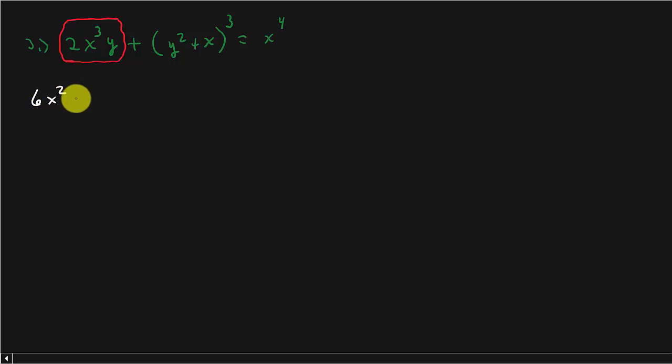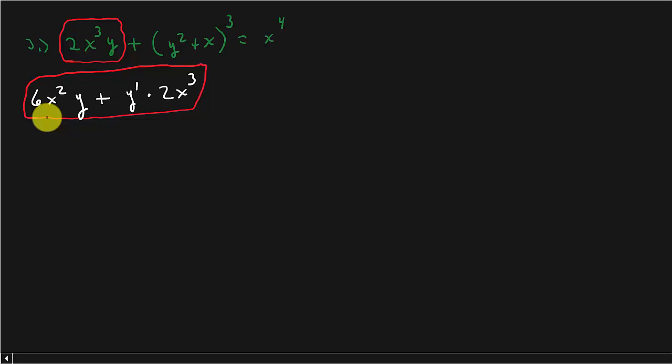That's the derivative of the first times the second, plus the derivative of the second. So the derivative of y, that's y prime, times the first, 2x cubed. So this is the derivative of that first term using the product rule.